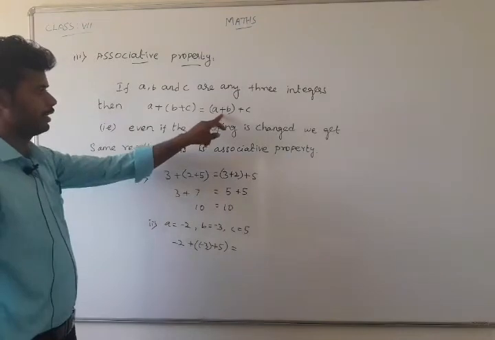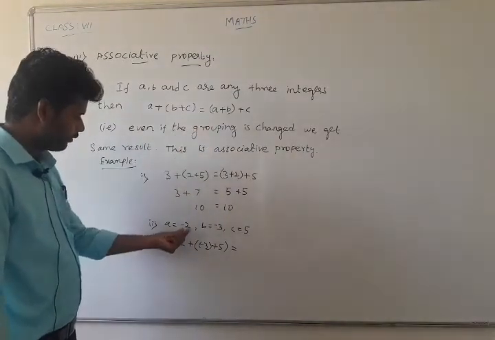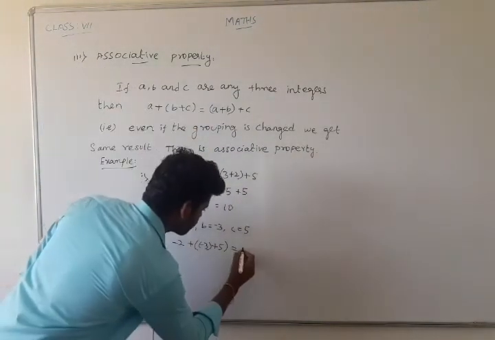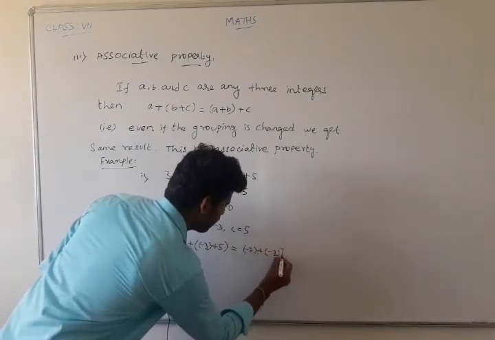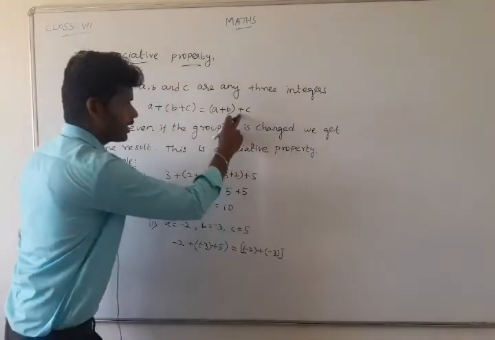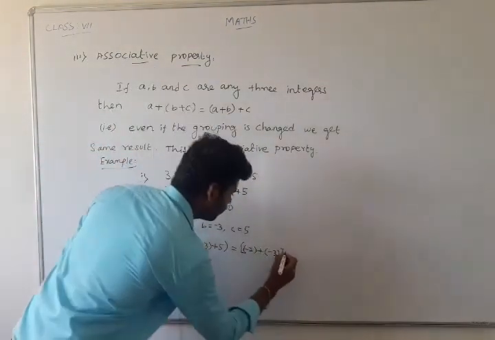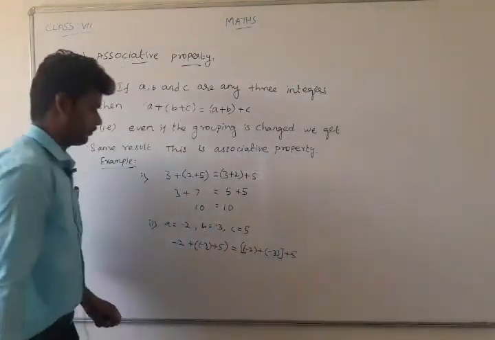equal to, this side a plus b, here a value minus 2, b value minus 3, so minus 2 plus minus 3, plus c value 5.